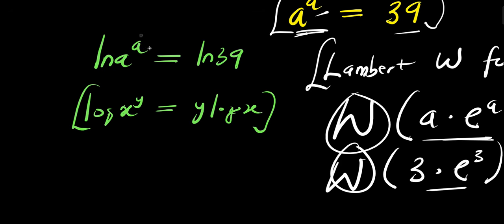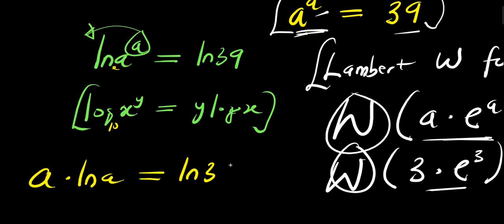So that means the a here will come behind this natural log because the properties of log can be applied to natural log. Remember, log is to the base of 10, while this is to the base of e. Don't forget that. So the a comes behind natural log. We have a times natural log of a equals natural log of 39.